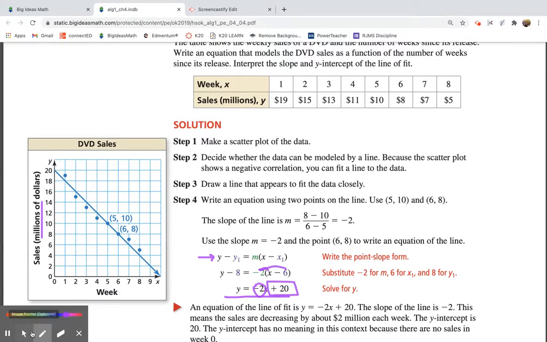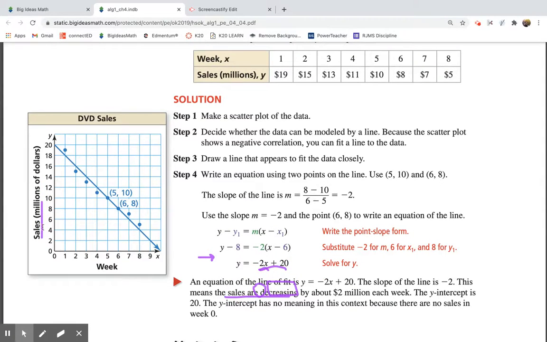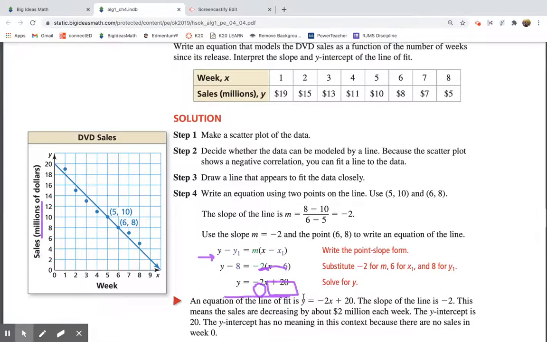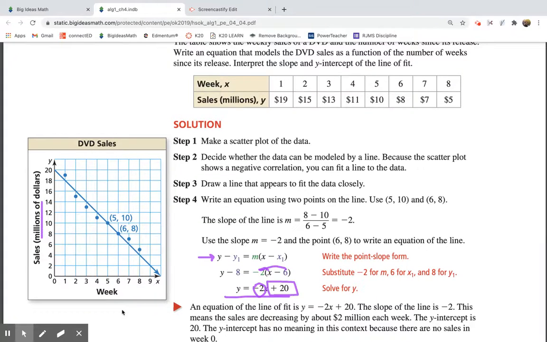And then the y-intercept has no meaning in this context because x is 0. That'd be 0 weeks. So that one doesn't really help us. But the slope tells us it decreases by 2 million each week. So we're actually not going to do an example over this. I think you get the gist of this. So that's the lesson for today.